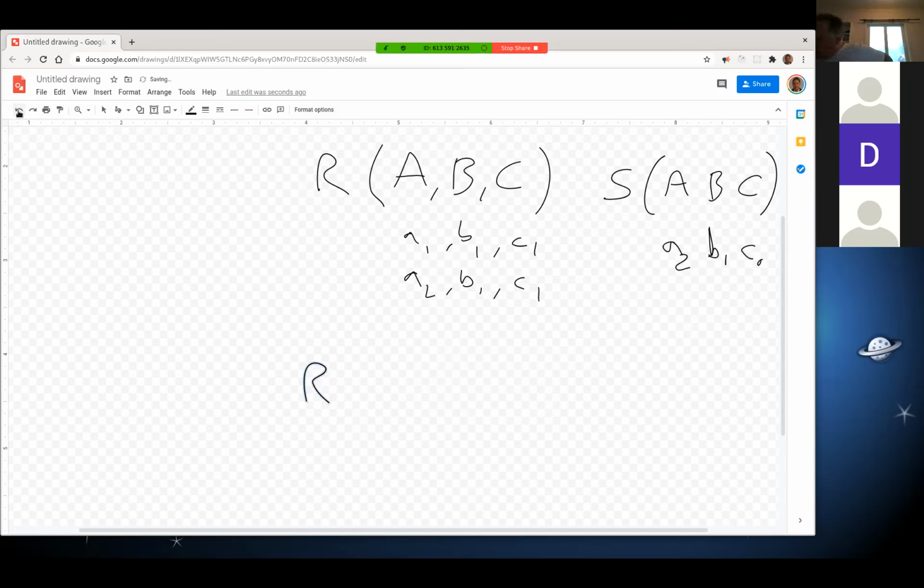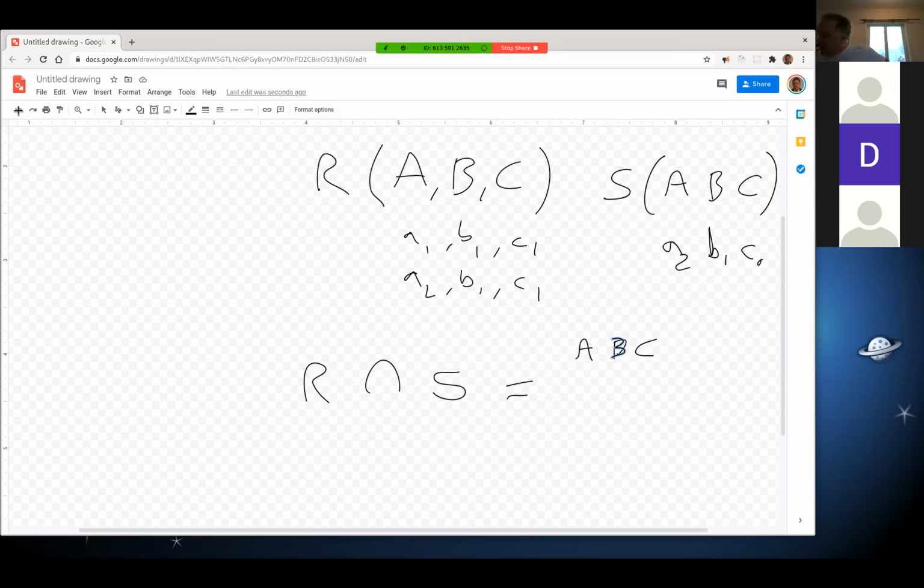So what is R intersect S? That's going to equal a relation over ABC that's empty, right? There's going to be no tuples there, because there are no tuples shared between them, and if there were, they would show up there.